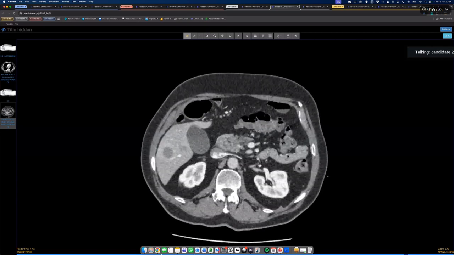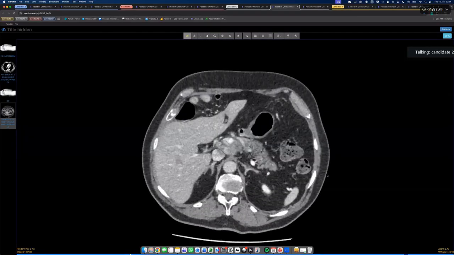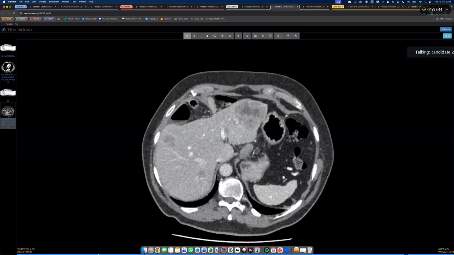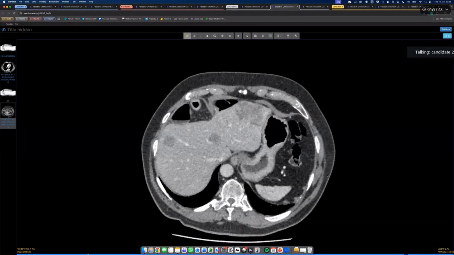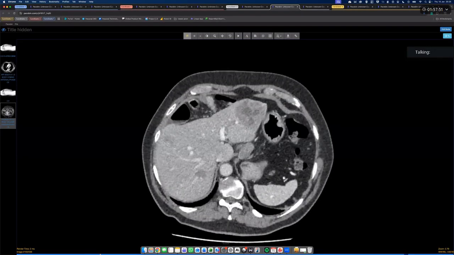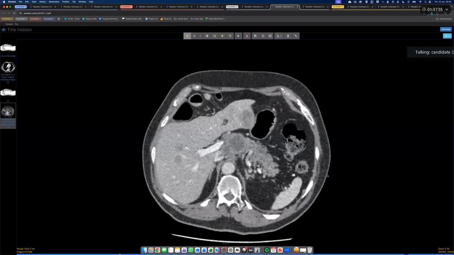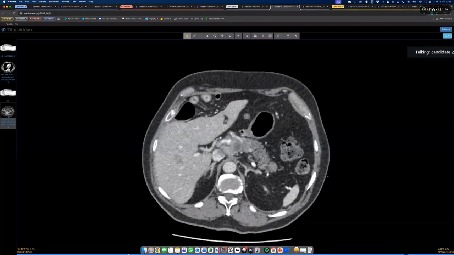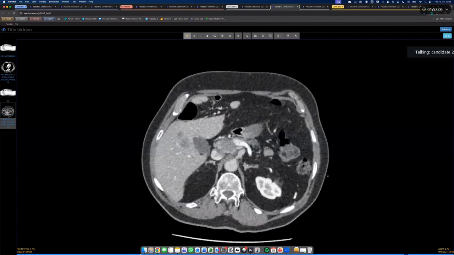There is an area of lobulated, centrally hypo-enhancing mass lesion at the porta hepatis along the celiac axis. I'm trying to delineate it from the pancreatic parenchyma and look for its origin exactly.